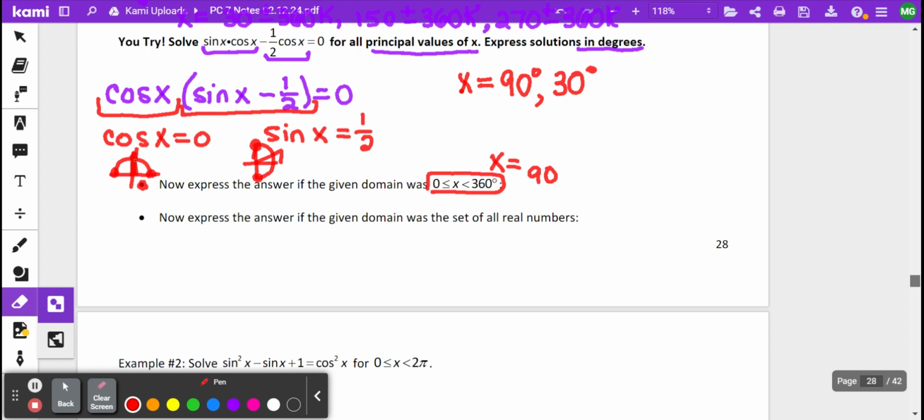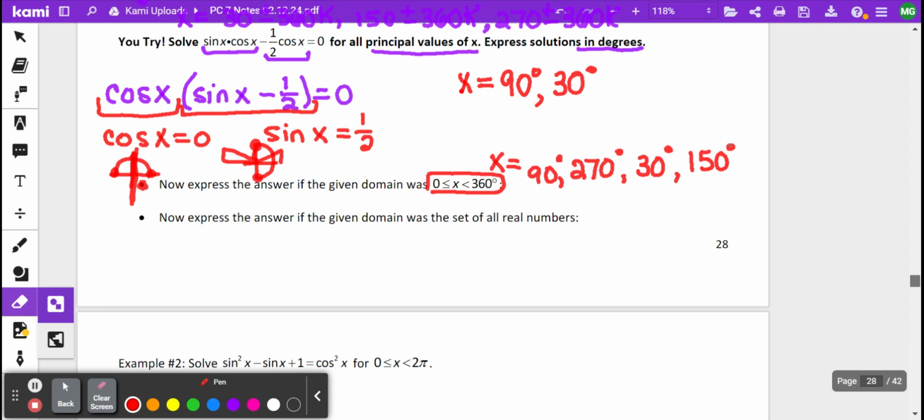Well, it's at 90, but it's also at 270, because remember, cosine is the x value. Okay, so we have two answers now. And just like the previous problem, from this equation we were given the 30-degree angle, but we also know there's another angle over here at 150 degrees whose sine is also 1/2.